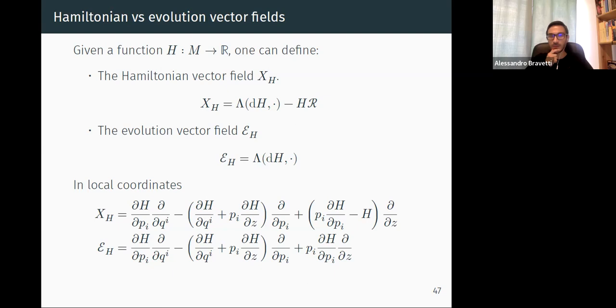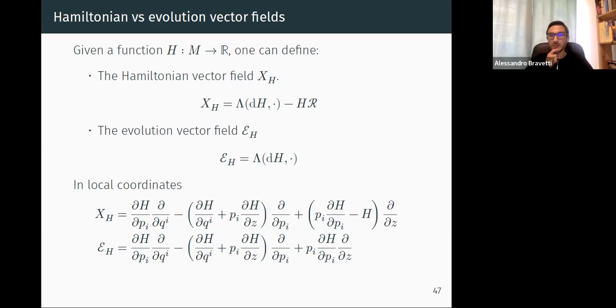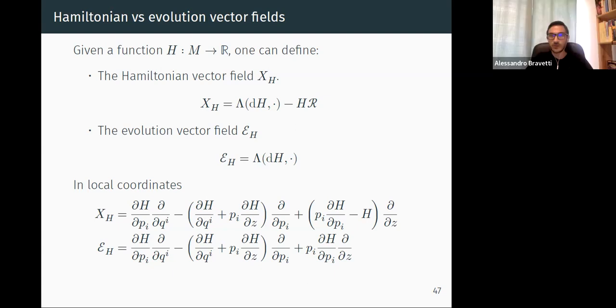And then there was another question regarding this vector field. You mentioned that you wanted to explore the generalization of contact Hamiltonian systems to field theories. So there's an open question, I guess, whether one can also generalize this evolution vector field. Have you thought about that?